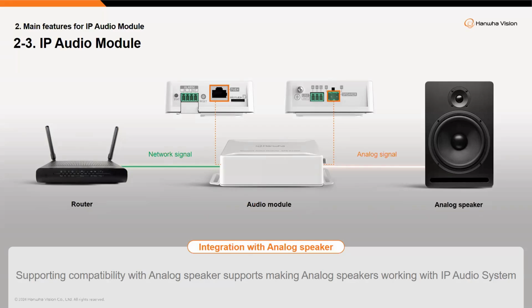You can then get all or almost all the benefits that we've been talking about. So it allows you to migrate and upgrade to an IP system. This picture also shows that the module has an alarm input and output, so if you want to create event actions or things like that, you can do it from there.